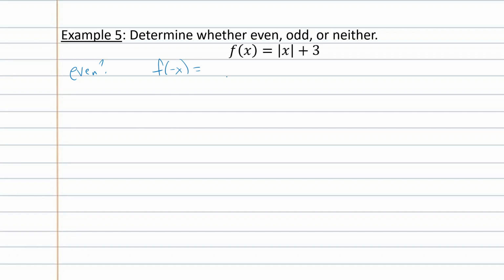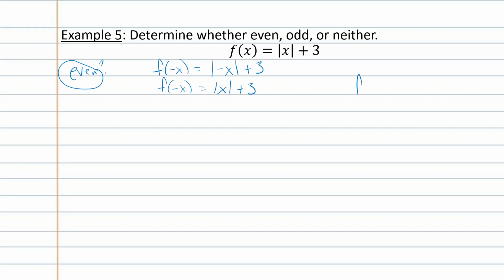If I put a negative x in here, f of negative x equals the absolute value of negative x plus 3. Well, we know the absolute value is going to turn anything positive, so technically it simplifies itself down to the absolute value of x plus 3, which is the original, which therefore means it is symmetric with respect to the y-axis, which therefore means it is even.